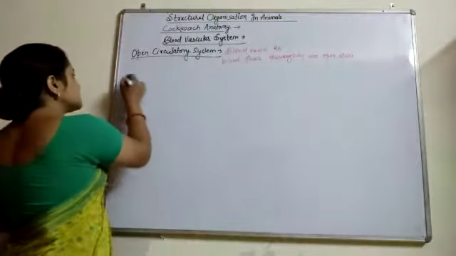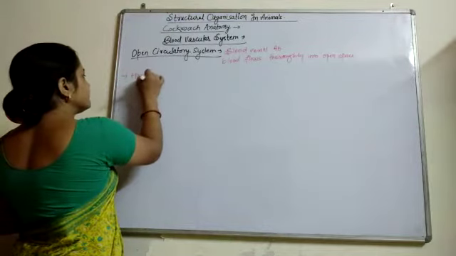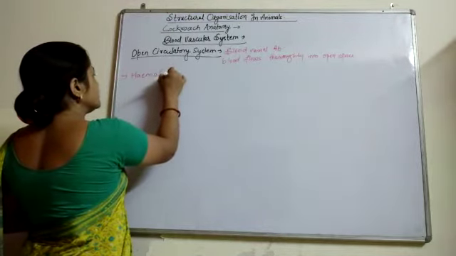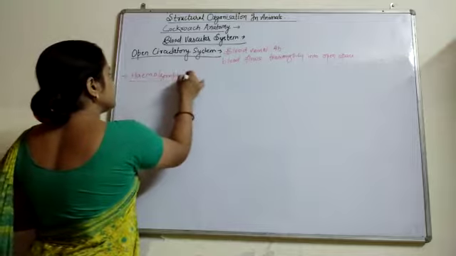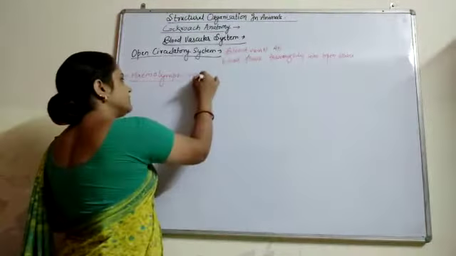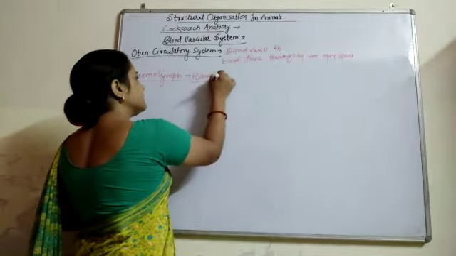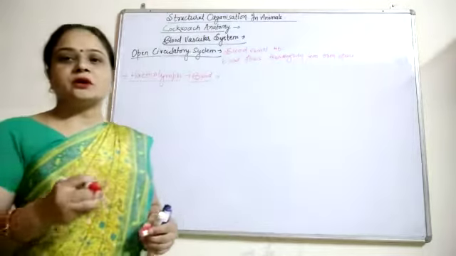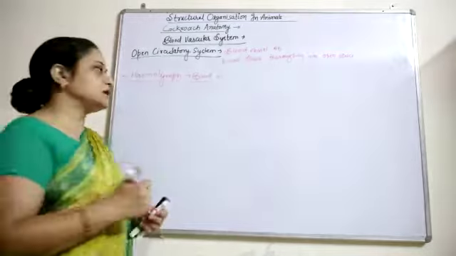Now the next term is the hemolymph. Hemolymph behaves like blood, but it is not colored. It is the colorless blood.